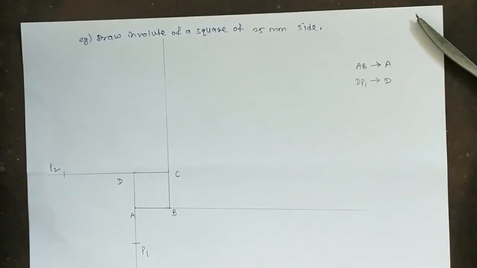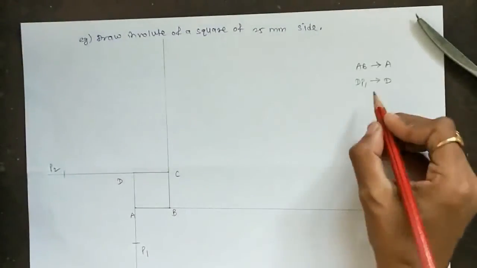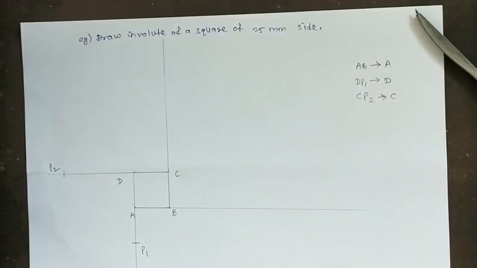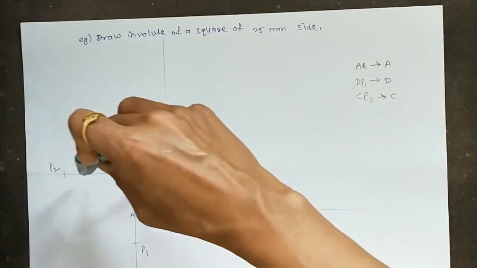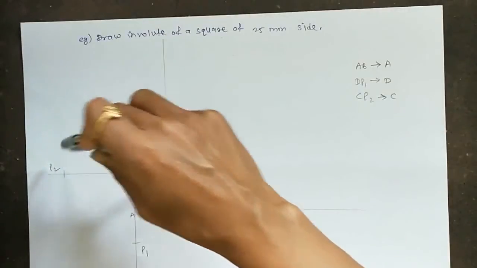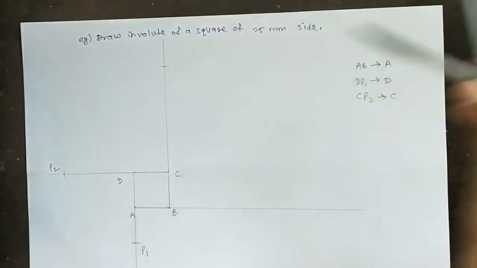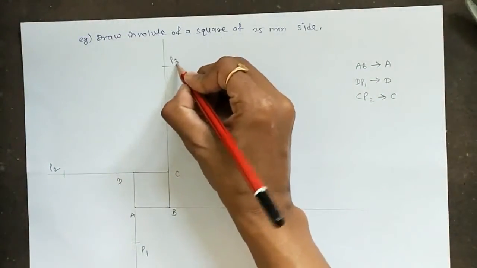Then take distance CP2 and center point as C. Draw an arc on this extended line and give name to that point as point P3.